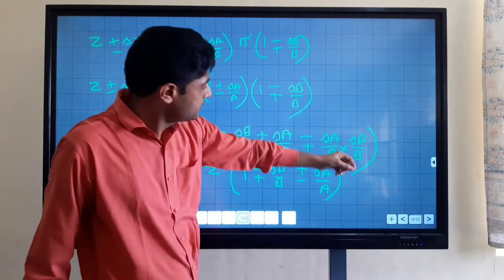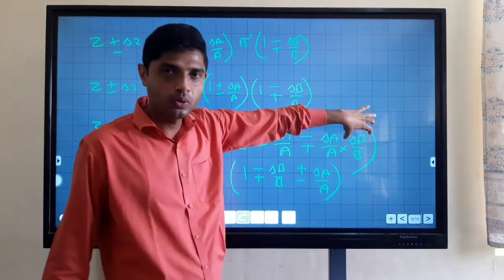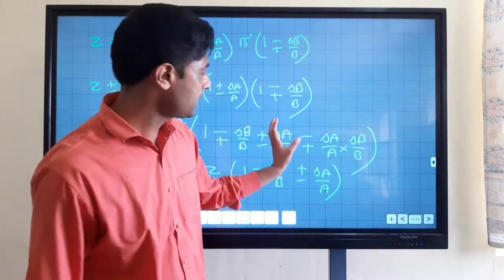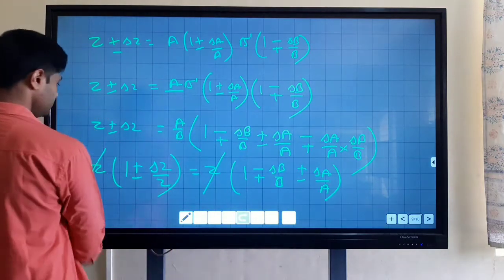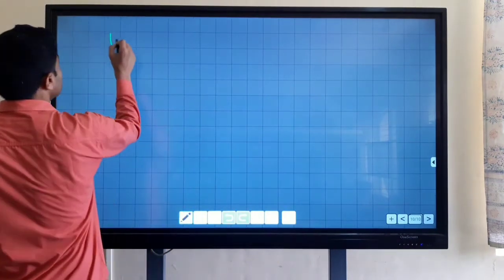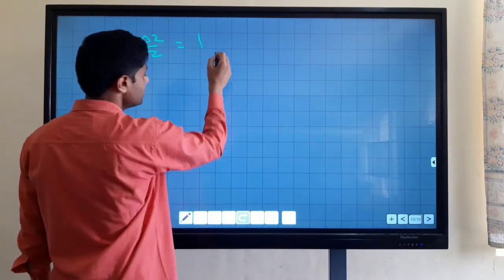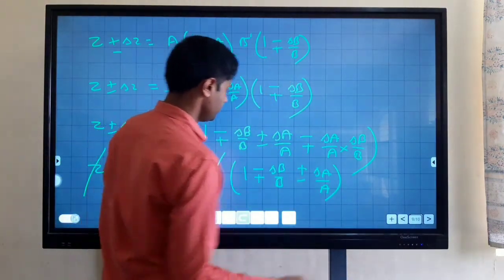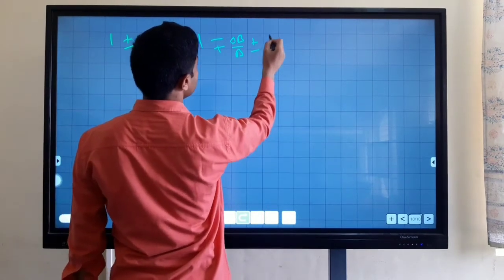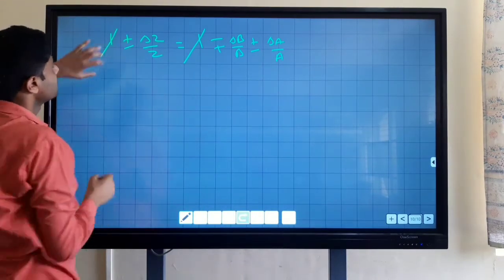This value is neglected because it is small. The values of del A and del B are very small, so when divided by A and B, they become very small. So we can neglect it, and Z is cancelled by this Z. So 1 plus minus del Z upon Z equals 1 minus plus del B upon B plus minus del A upon A. This 1 is cancelled by 1.